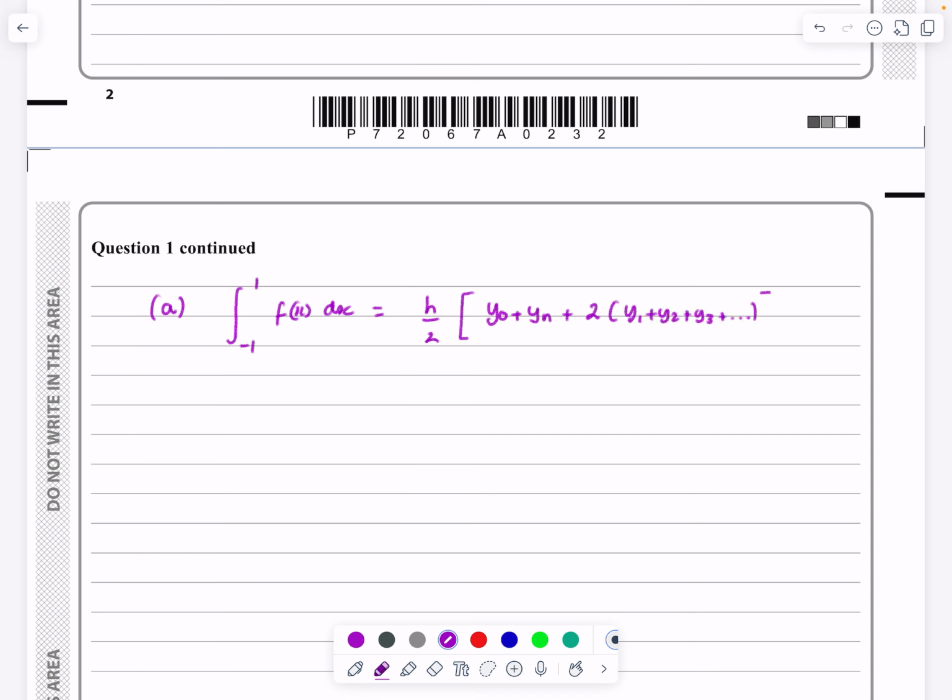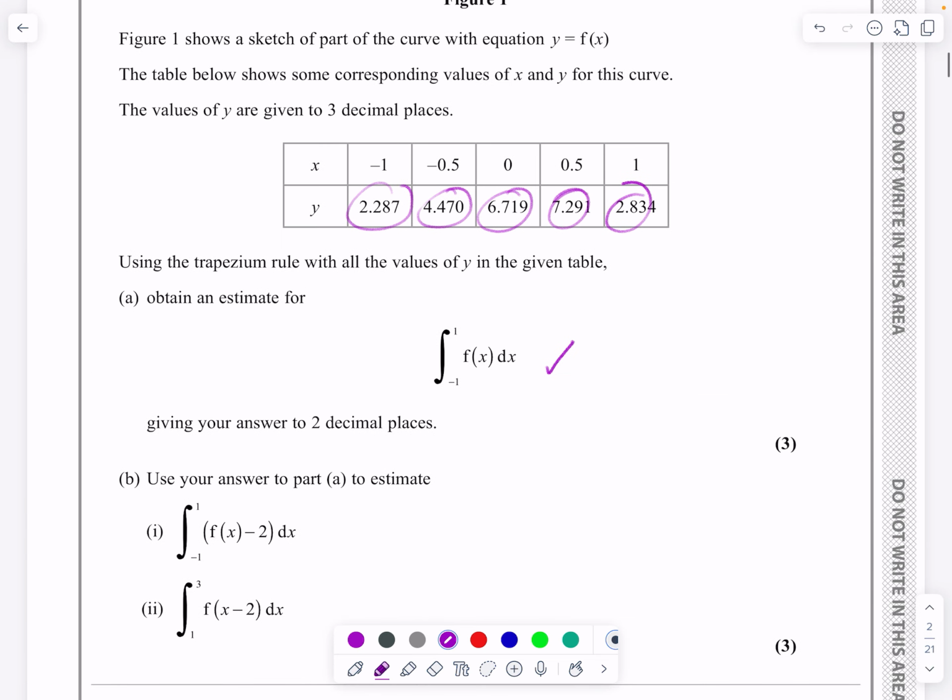Let's go back to our table and say what they are then. So in this particular case, this would be y0, y1, y2, y3, all the way up to y4.